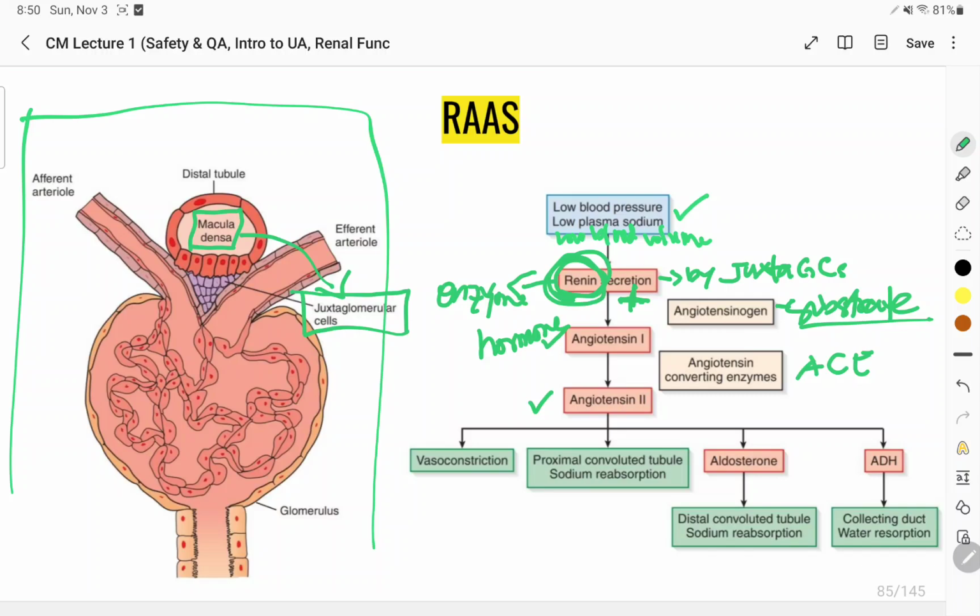Angiotensin 1 is still inactive. By the action of your angiotensin-converting enzyme, angiotensin 1 will be converted to angiotensin 2, which is still a hormone. Angiotensin 2 is the active form.